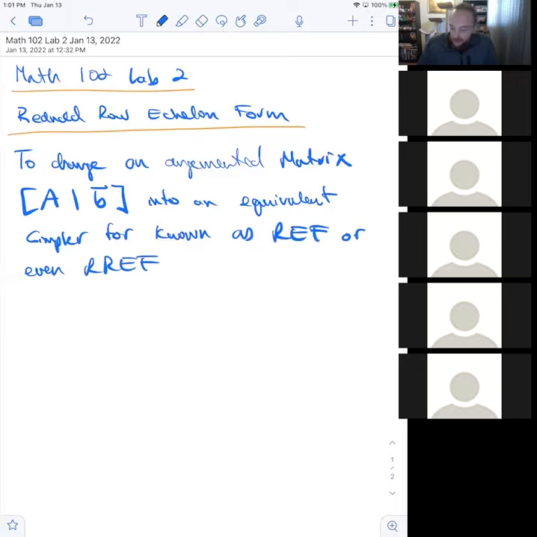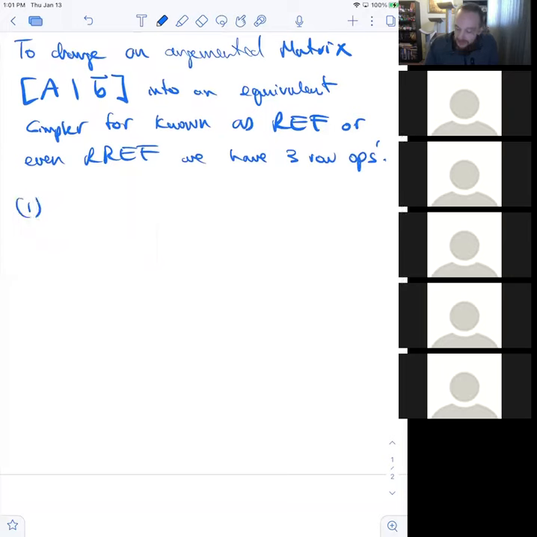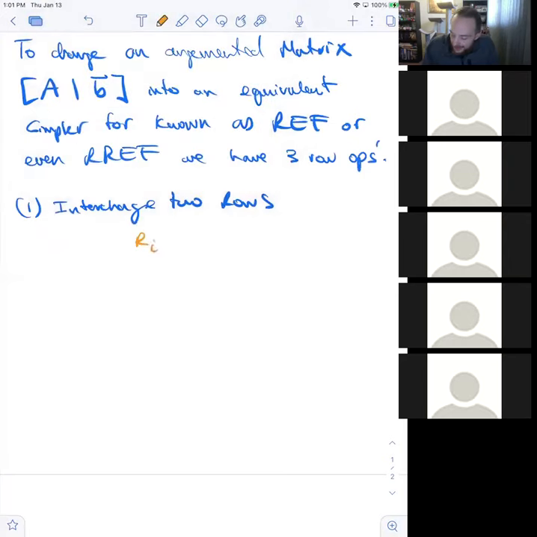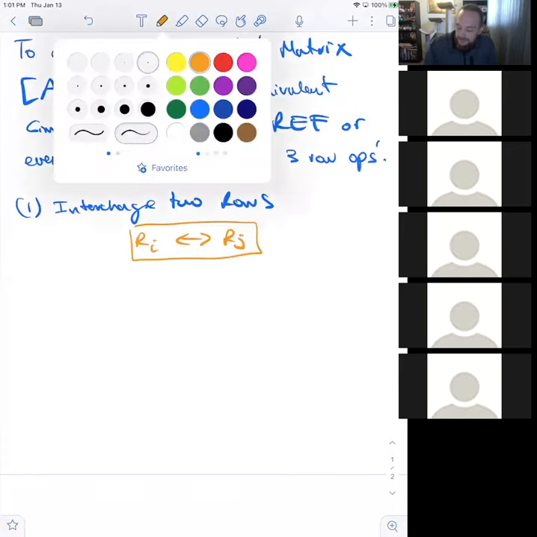We're allowed to do 3 row operations. They are: 1, we can interchange 2 rows. And we will denote this by row I is interchanged with row J. That's the notation I'm going to use.